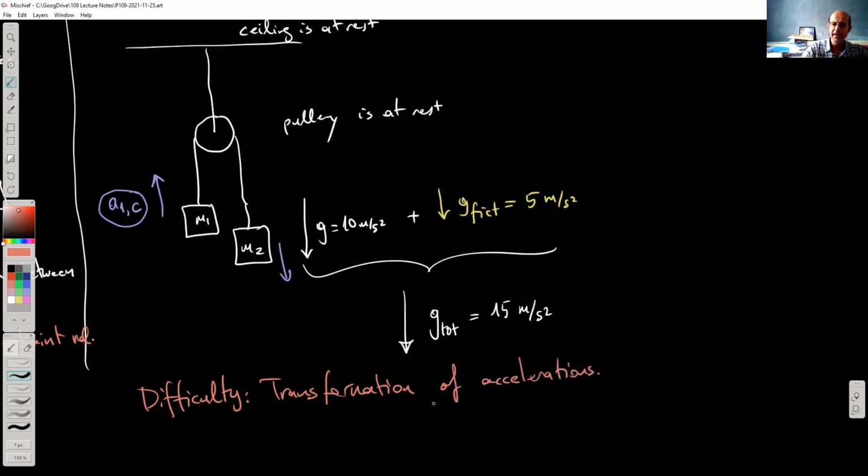Okay. I need to find the relative acceleration. So I think instead of this, let me use the pulley as my reference instead of the ceiling, because the pulley and the ceiling are moving together. We know that. So as a result, they have the same acceleration, but somehow I can use this.